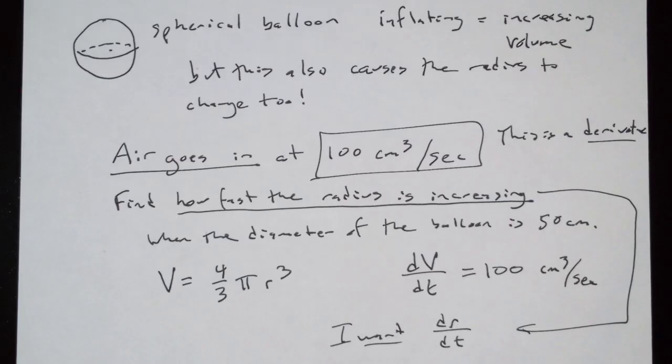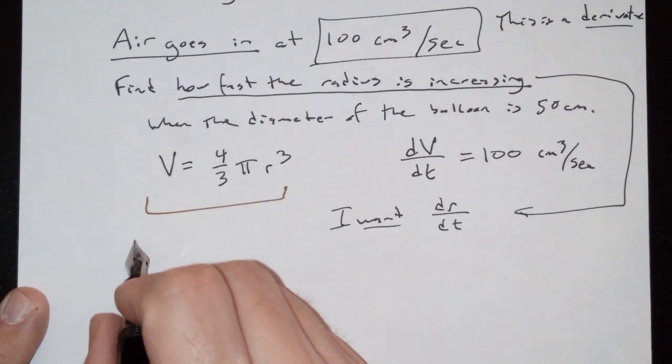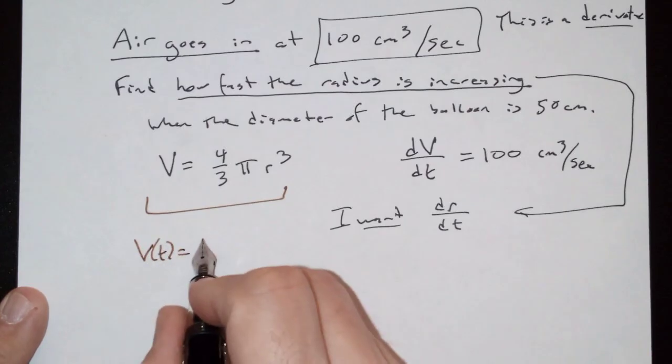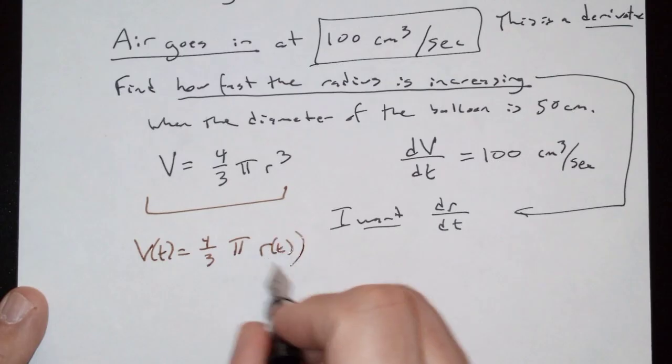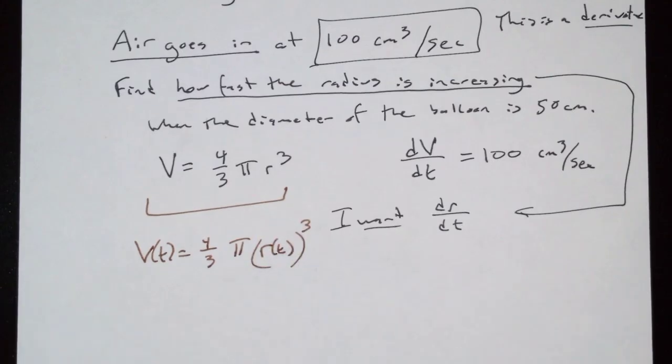I'm going to use implicit derivatives. I'm going to use my chain rule. And I'm really going to think of this equation right here as V of t equals 4/3 pi r of t cubed. See the chain rule going on over here on the right?